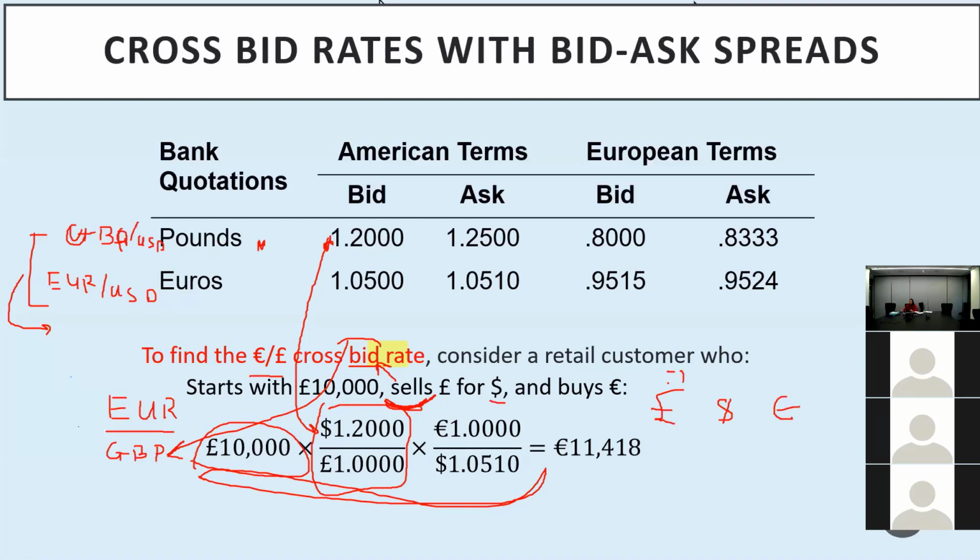So once we sell the pounds and we obtain the USD, what we will do next is that we will sell the USD to obtain the euro, right? So in the second transaction, we are exchanging the USD for the euro, okay?